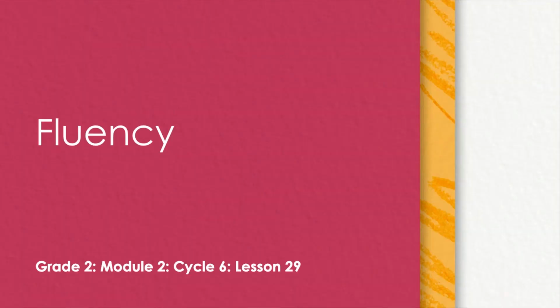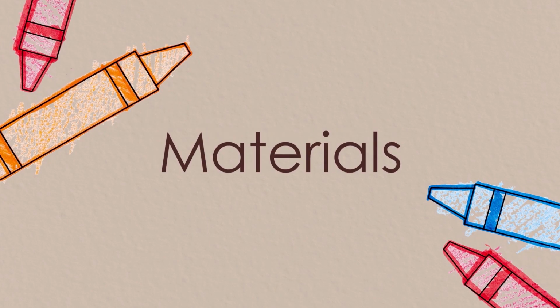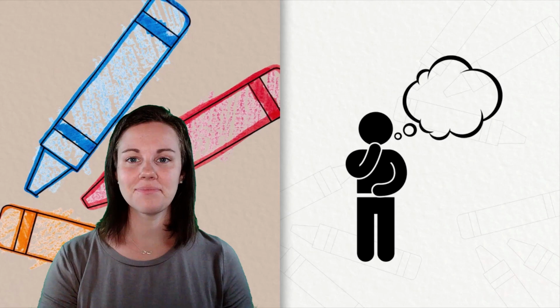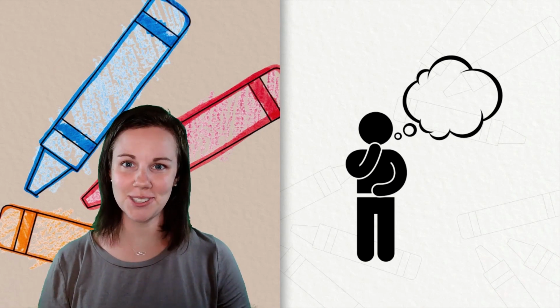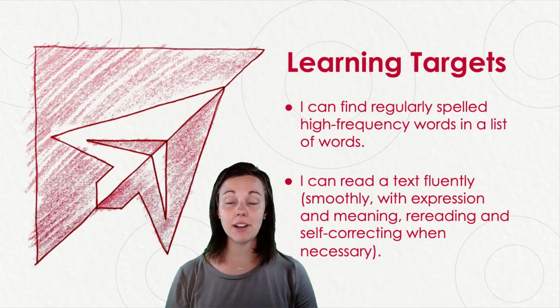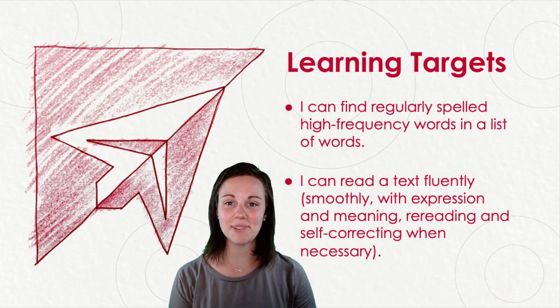Like I just said, today's focus is on fluency. This is Module 2, Cycle 6, Lesson 29. Materials! You'll need your thinking cap to be your most successful self today. Here are our learning targets. Please follow along on the screen as I read.